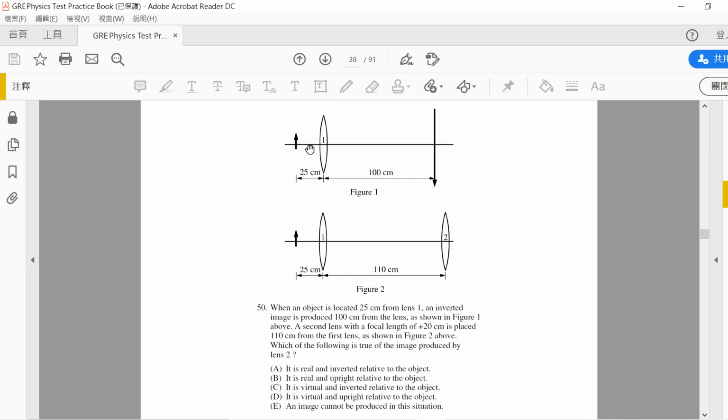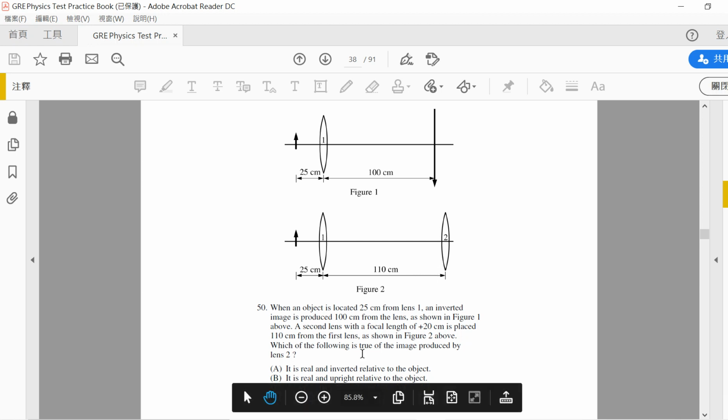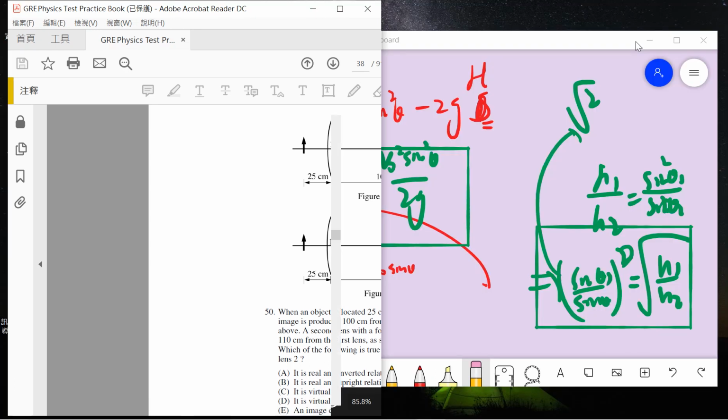Basically, you have an object, and there's lens 1, and after lens 1 it becomes an image here, and you put another lens, lens 2, and then ask about the image. So basically, you have this one put in here, and just ask about the true image produced by lens 2. So we don't care about lens 1, all we care about is lens 2.